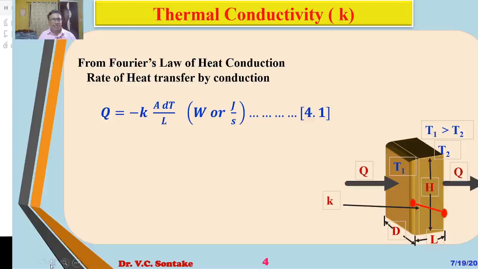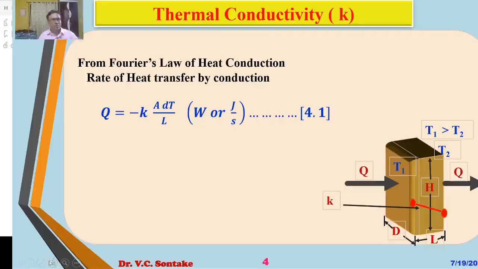So let us take the solid material having thickness L, area A normal to heat transfer, its two faces at temperatures T1 and T2 respectively, such that T1 is greater than T2. So whatever rate of heat transfer takes place from this face to this face is given by this equation.